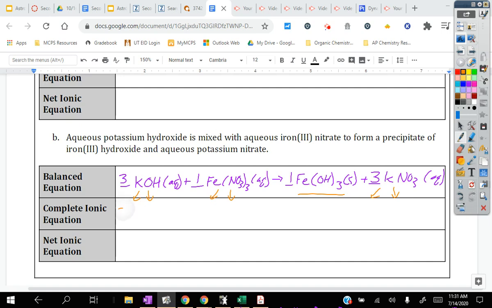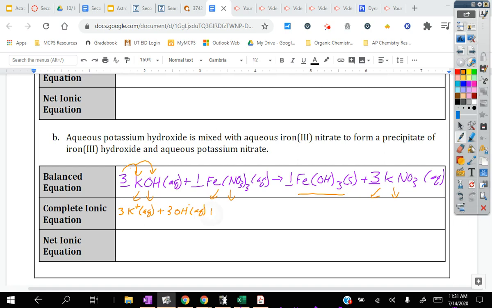So here, I've got 3 moles of K+ aqueous and 3 moles of OH- aqueous. Now, it's important to note that the 3 applies to both of these ions. I have 3 moles of each when they split up.